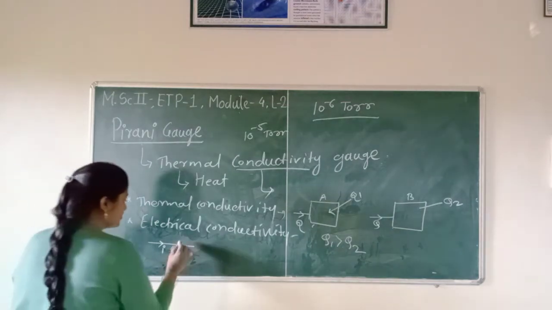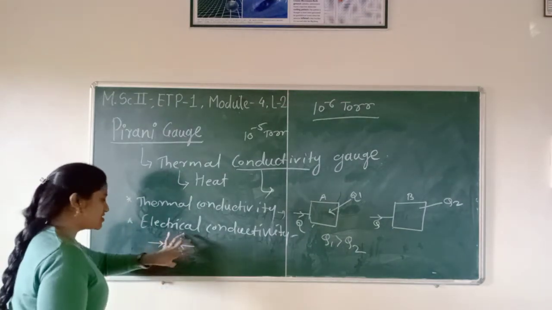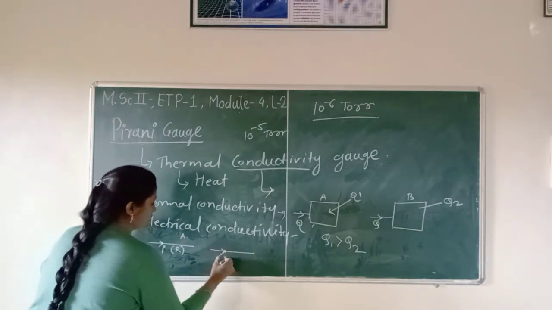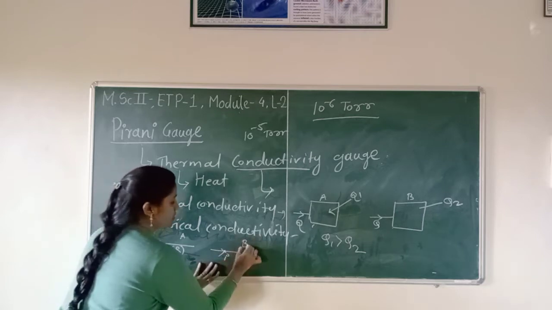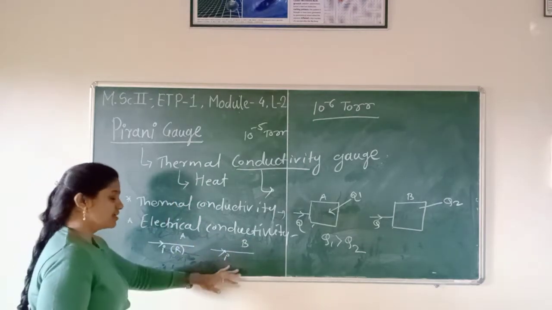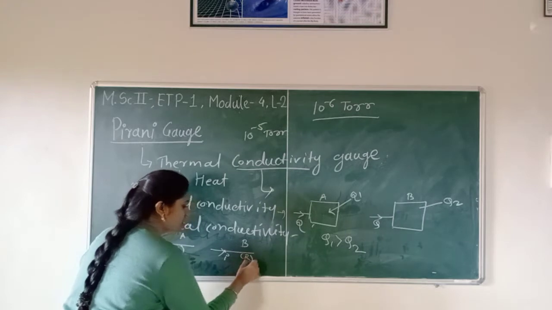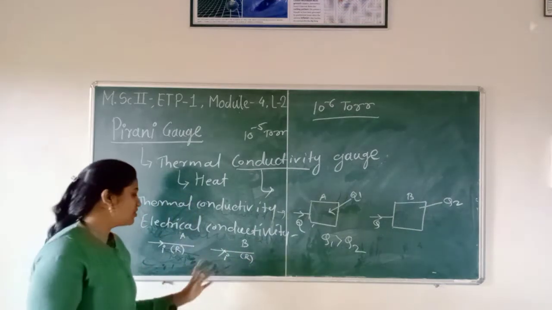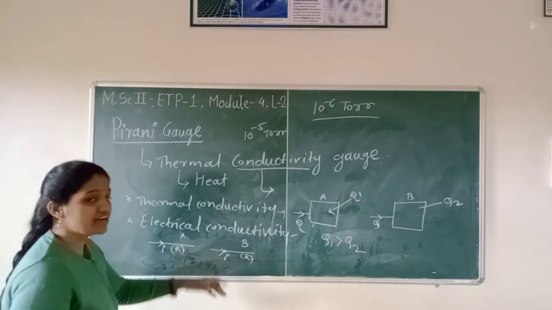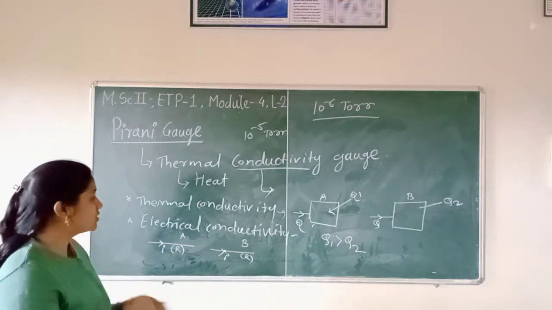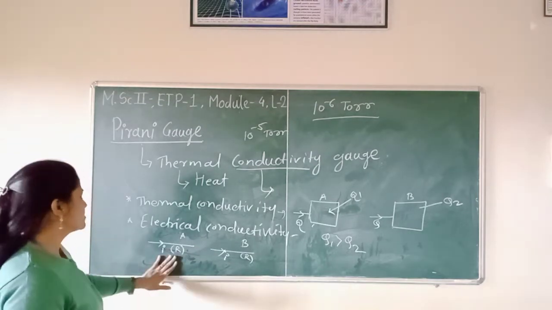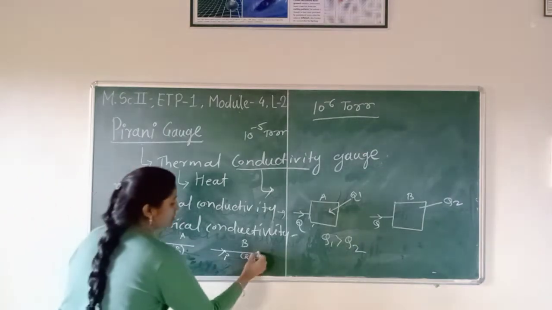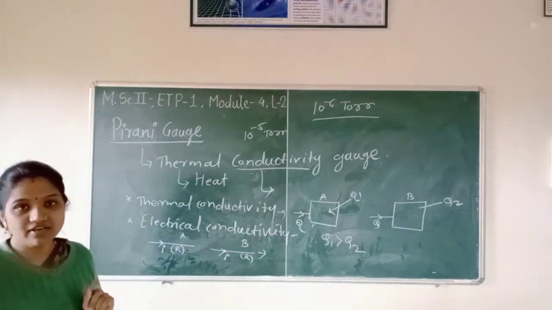If this is conductor A and this is conductor B, both passing the current I, there also some resistance is there. Depending on that resistance, how much current is conducted by that conductor, that is nothing but our electrical conductivity.